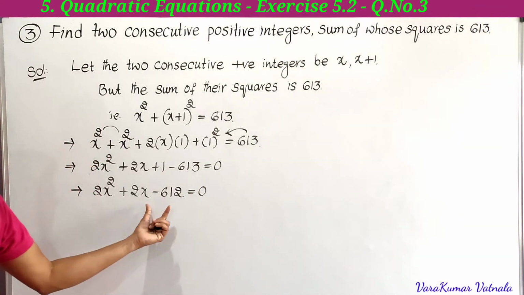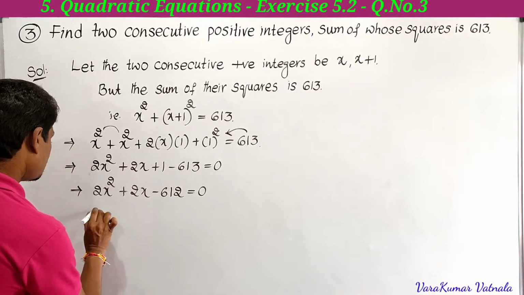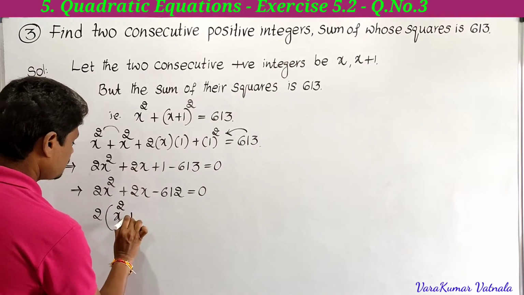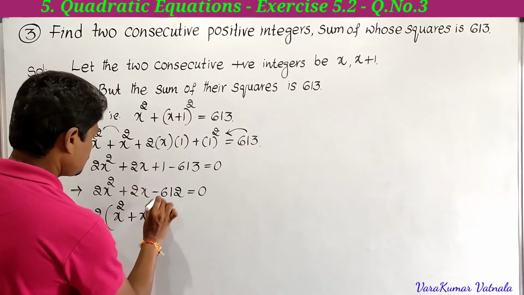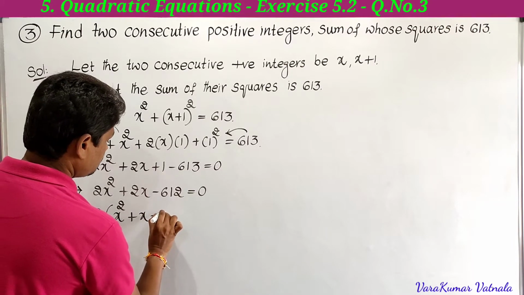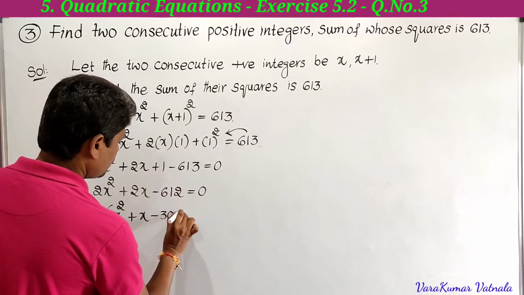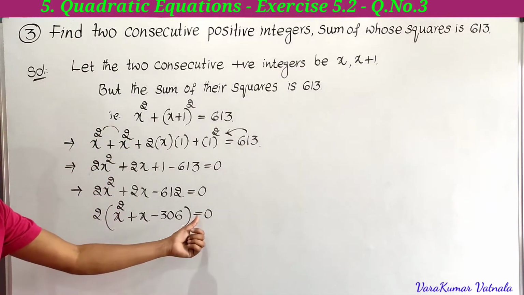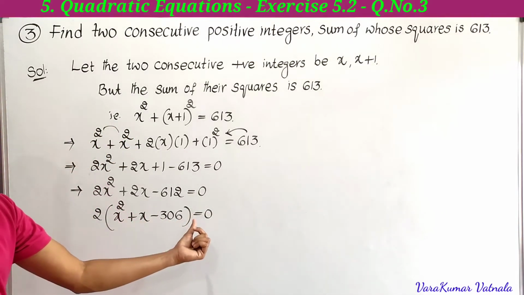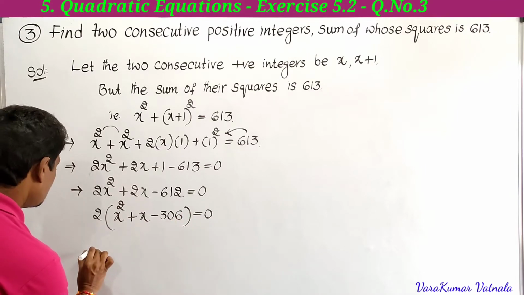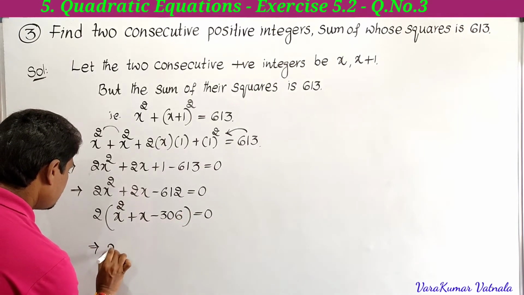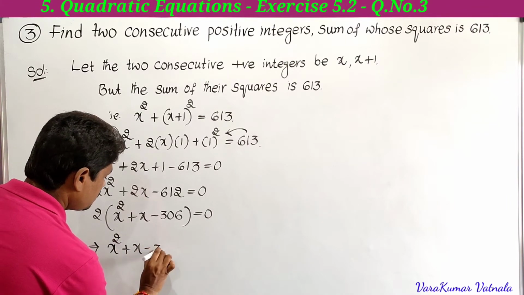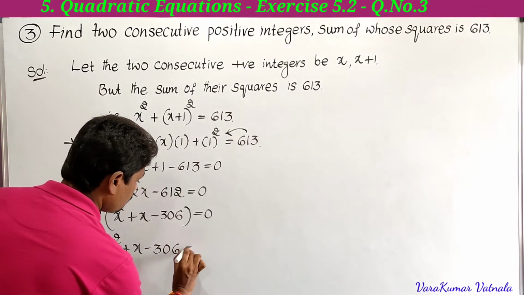Here we can take 2 as common: 2 times (x square plus x minus 306) is equal to 0. If you take 2 to the right side, it becomes 0 by 2, which is 0 again. So finally we get x square plus x minus 306 is equal to 0.